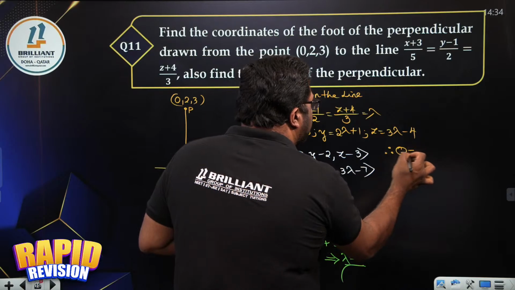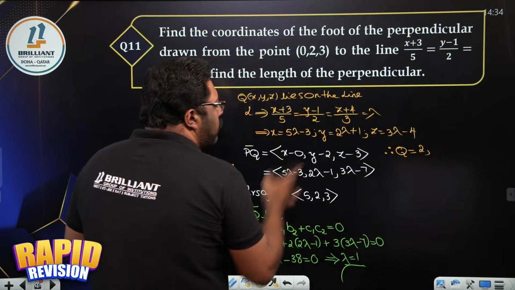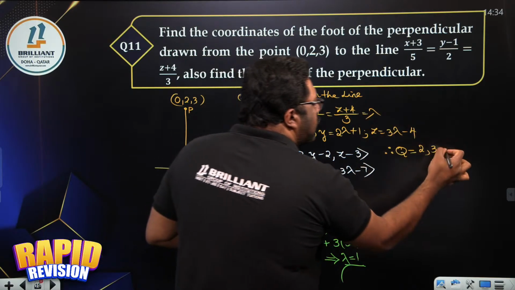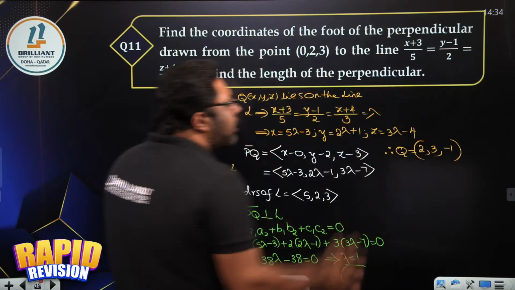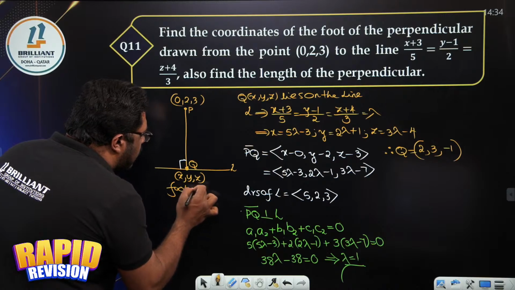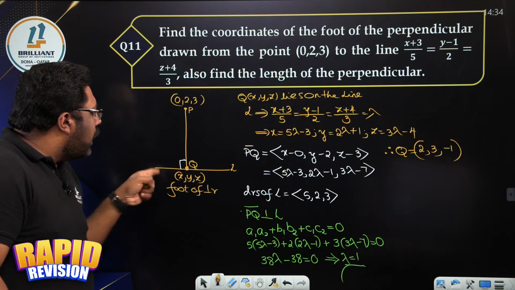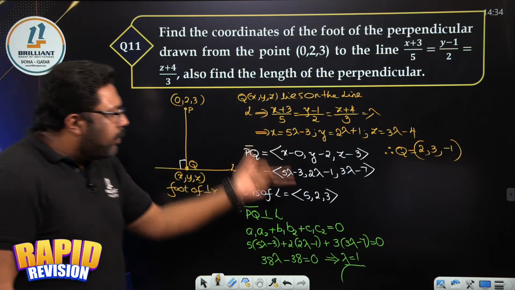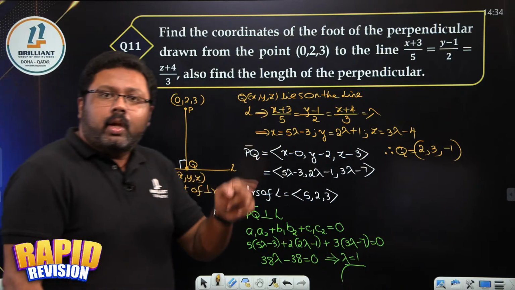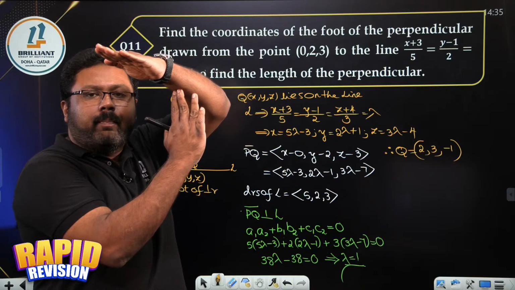Therefore, what is Q? Lambda is 1. 5 minus 3, 2. 2 plus 1, 3. 3 minus 4, minus 1. That is the foot of the perpendicular. This Q is the foot of the perpendicular from the point to the line. Same idea. You have done this question before, where the line is making a perpendicular from the distance.